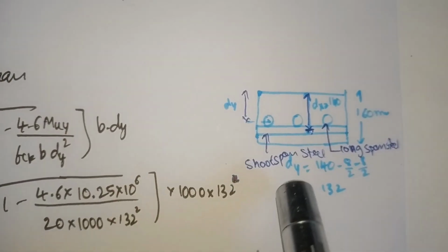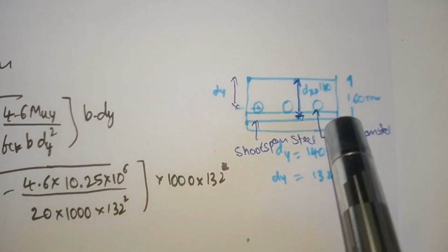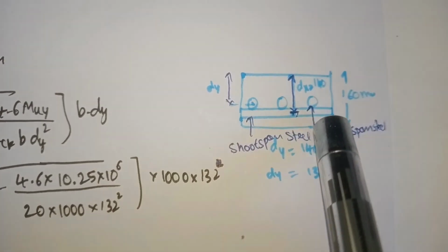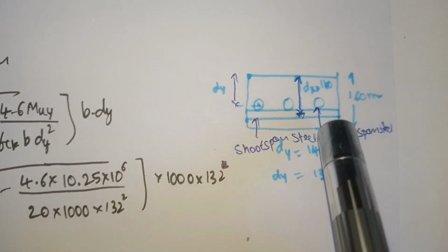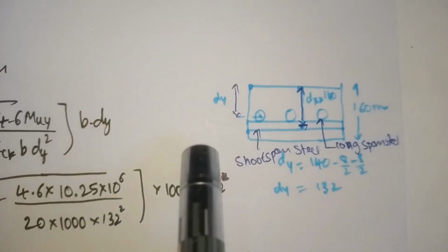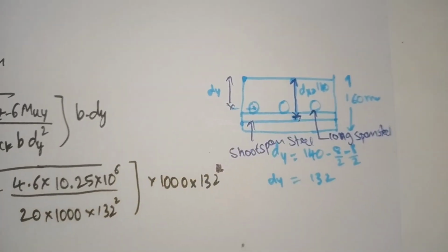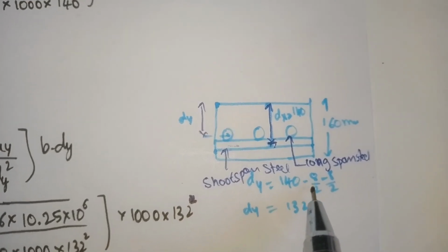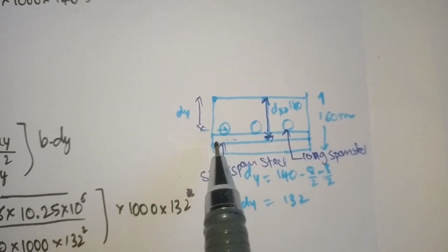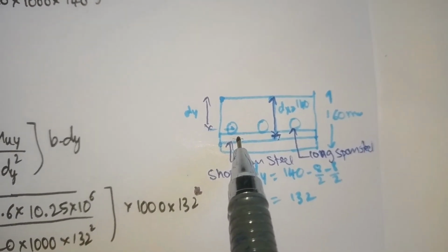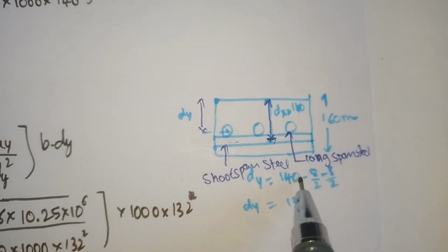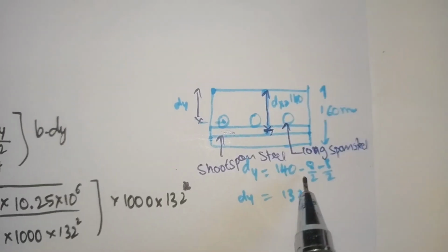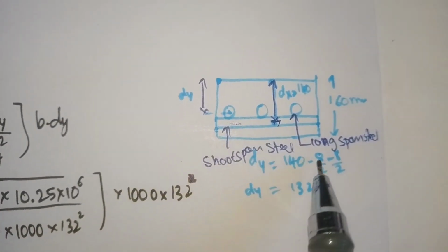So for that what we have to do is take the dx value. From here to here we know the dx value, effective depth value for shorter span, that is 140, minus from here to here is 140 minus 8 by 2. 8 is nothing but the diameter we have assumed. So this is already half, that's why I am taking minus 8 by 2.